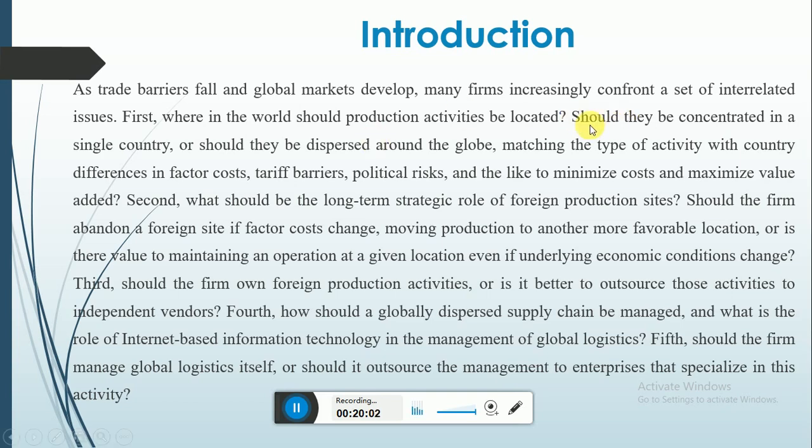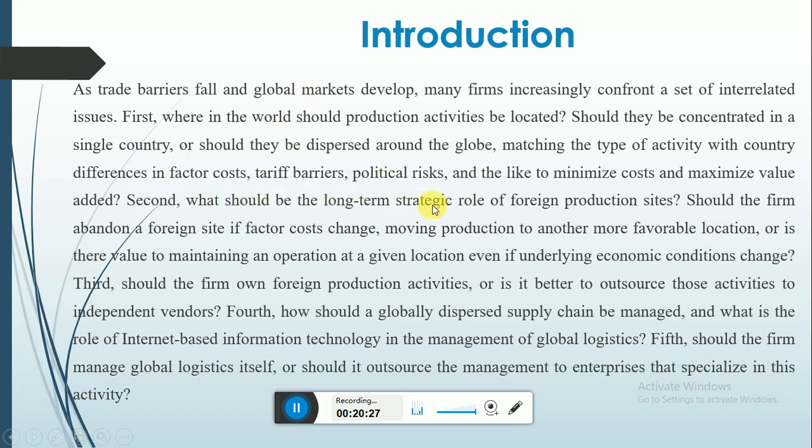Should they be concentrated in a single country, or dispersed around the globe? Matching the type of activity with the country, differences in factor cost, tariff barriers and political risk, to minimize cost and maximize value added. We have already discussed tariff barriers, political risk, and all these things.